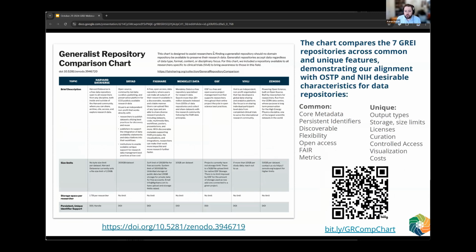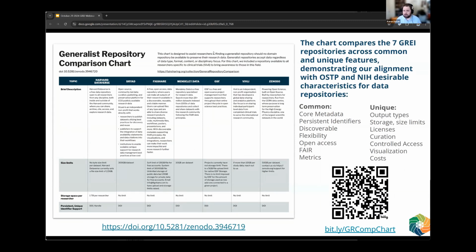You'll also find on this page a generalist repository comparison chart. This is something that we made as part of GREI, so that if you are looking at generalist repositories and there's 7 options, you want to be able to make the decision of, do I go with Zenodo? Do I go with Mendeley Data?